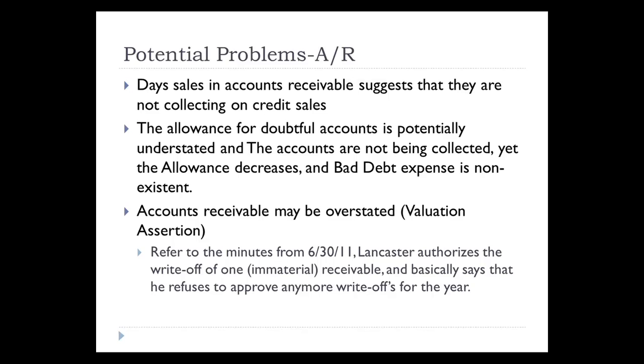I talked about this already. Lancaster authorizes the write-off of one, but refuses to do any more. So if you're thinking about the control environment, what does that say about management? That's management integrity. So what part of the audit risk model is affected by this Lancaster statement?